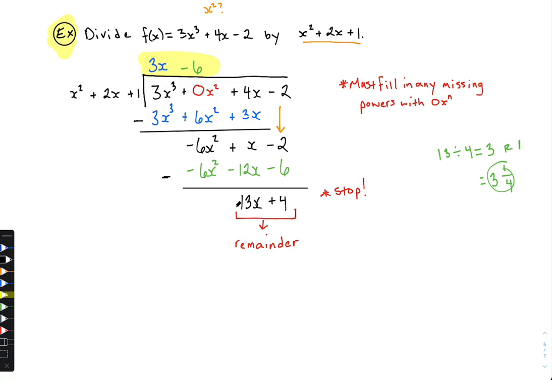And so what we get is actually our answer is 3x minus 6, and our remainder we put as a fraction, 13x plus 4, over what we divided by, x squared plus 2x plus 1. And this is actually our final answer.